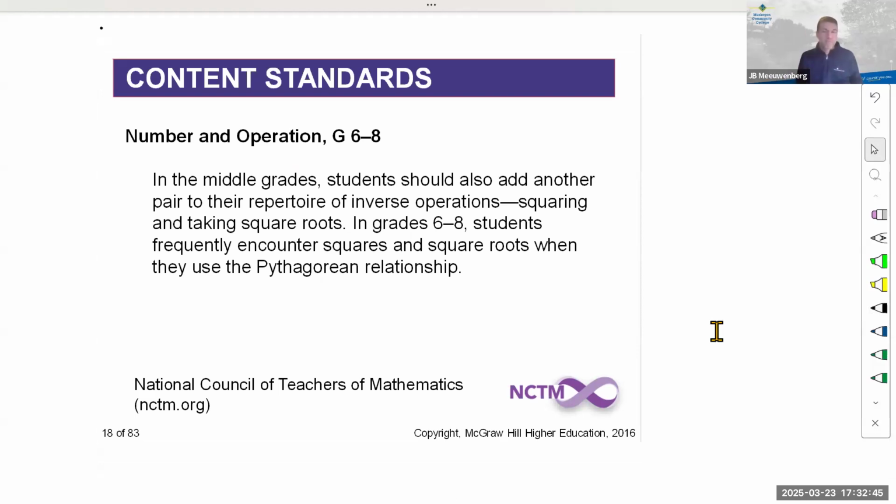Now, this is the point in the class where you might say, isn't this elementary? Isn't this math for elementary teachers? Yeah, and the stuff we do later in class involves some algebra also. And no, in elementary school, you're not generally doing a lot of algebra. You can see this is grades 6 through 8. You say, why are we learning this?